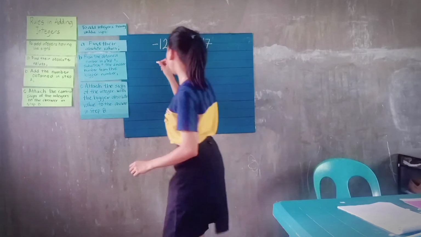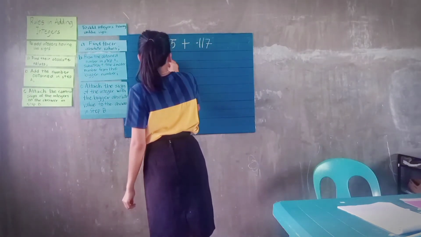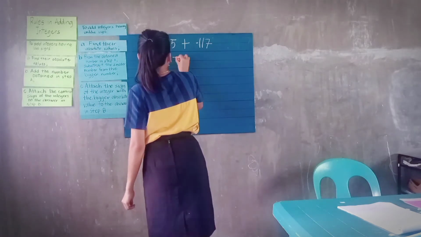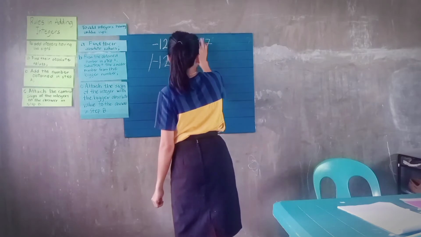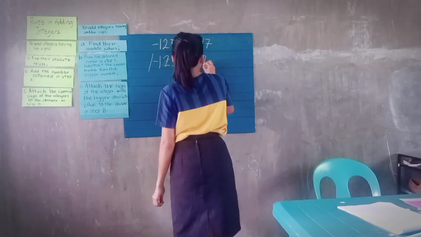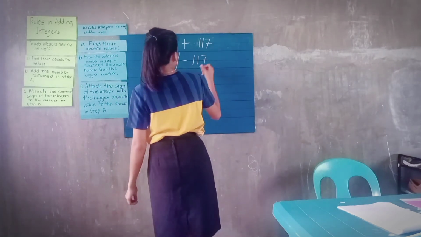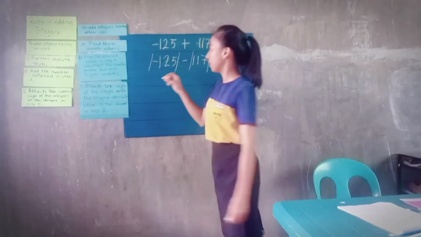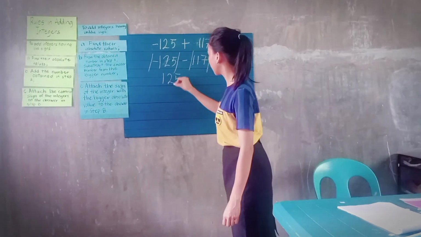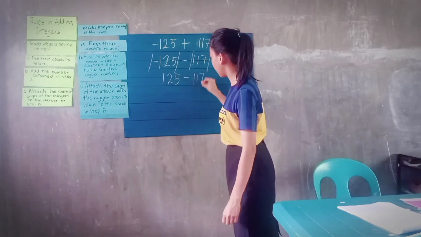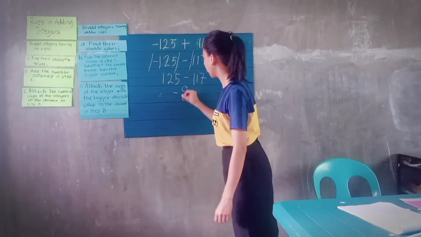Okay, we will get the absolute value of the numbers. It will become negative because of the bigger absolute value. The answer will be negative 8.